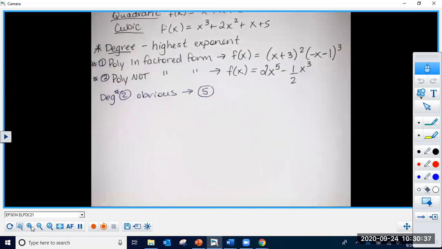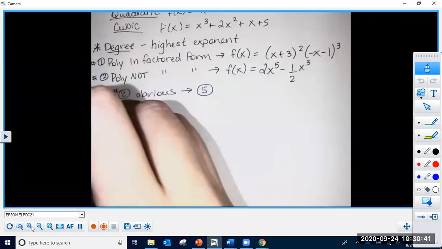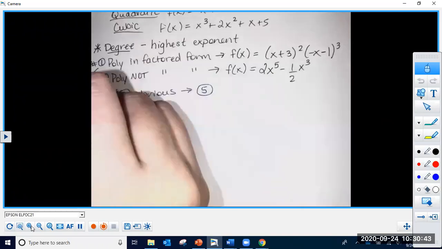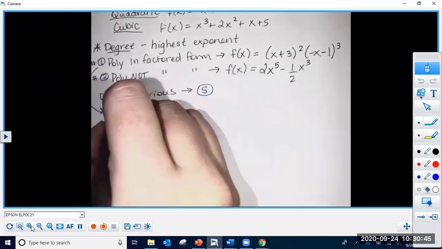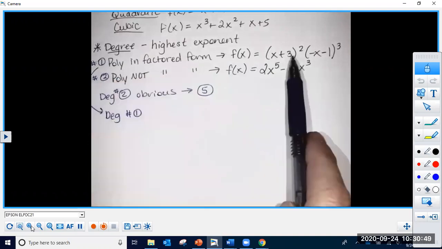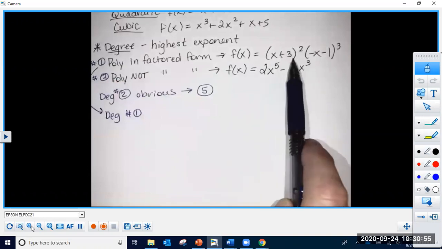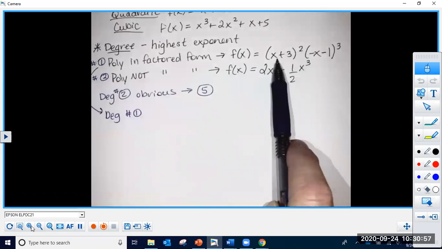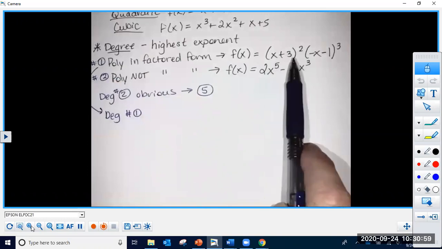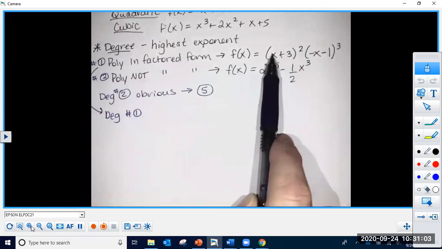For the first one, when it's in factored form, you have to find it a little bit differently. So degree for the first one, number 1, what you have to do is look at your exponents of each factored part. Like, what's my exponent for this factored part? 2. Let me back up.